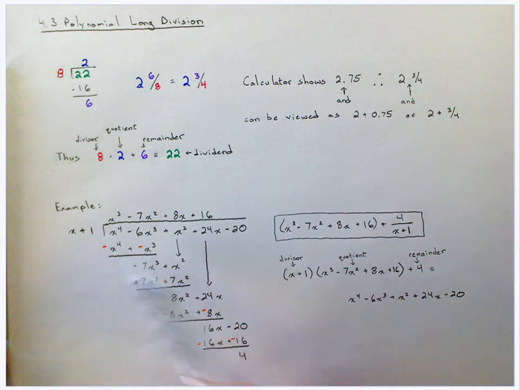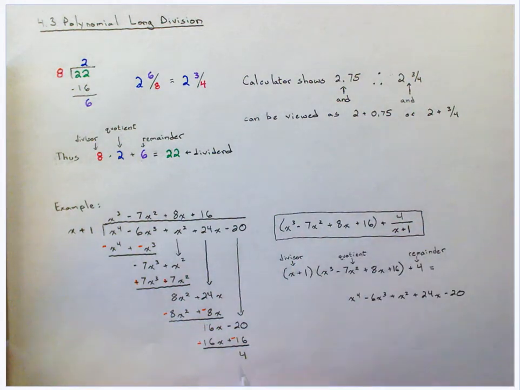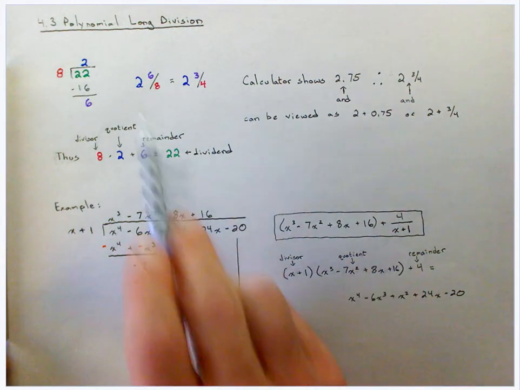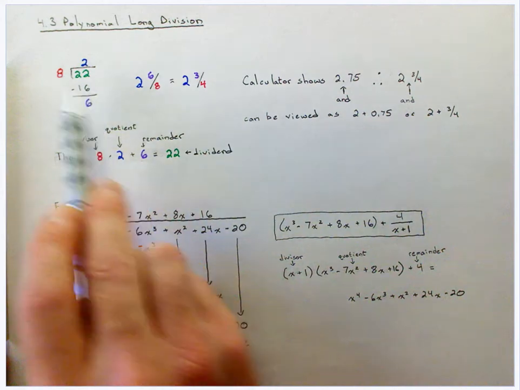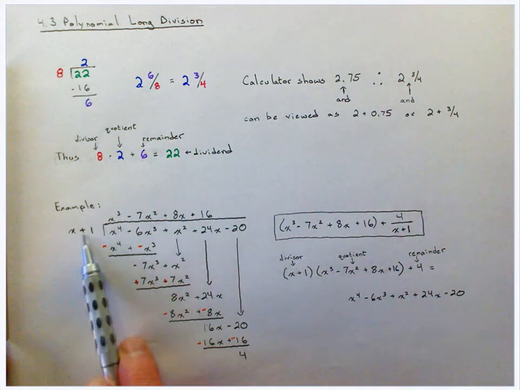As I work through here, each time dropping down my value, I end up with a remainder of 4. This is how I properly write that remainder. Just like I did here, I took the remainder and placed it over the divisor. Here I take the remainder and place it over the divisor.